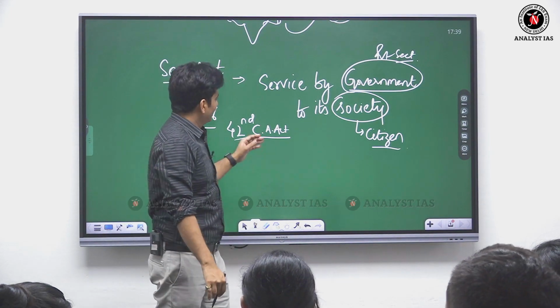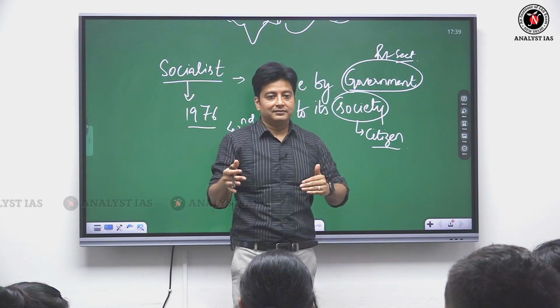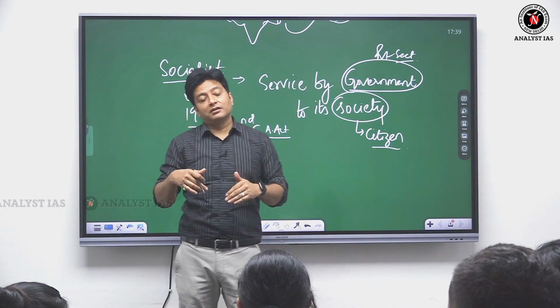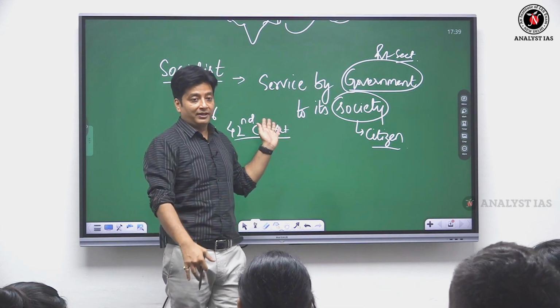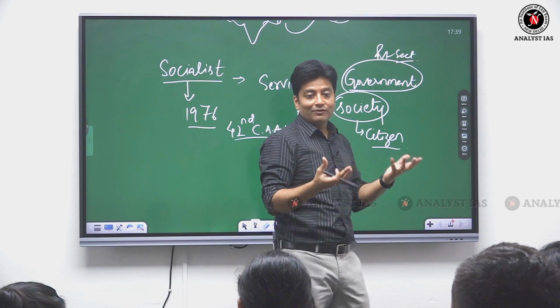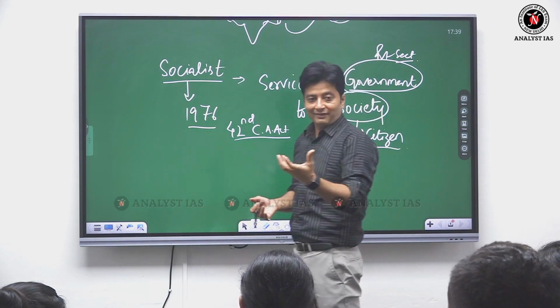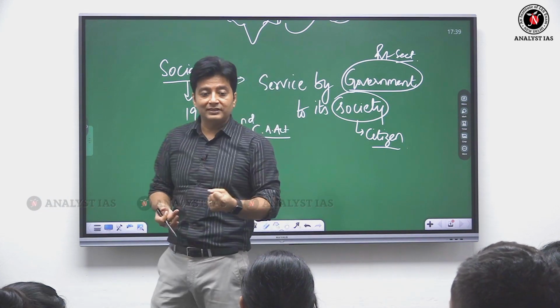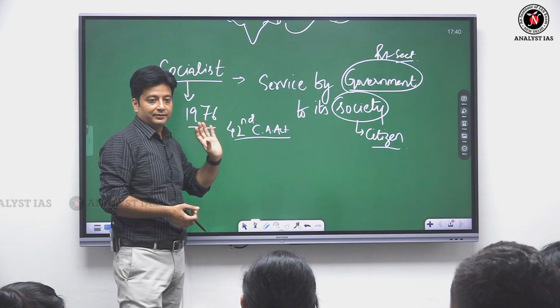Because DPSP does not compulsorily say that government must apply it. But when we have this in the preamble, then the weight is more in a code of law, right? So the government also has the responsibility. It's not that DPSP or the socialist nature can be negated totally.